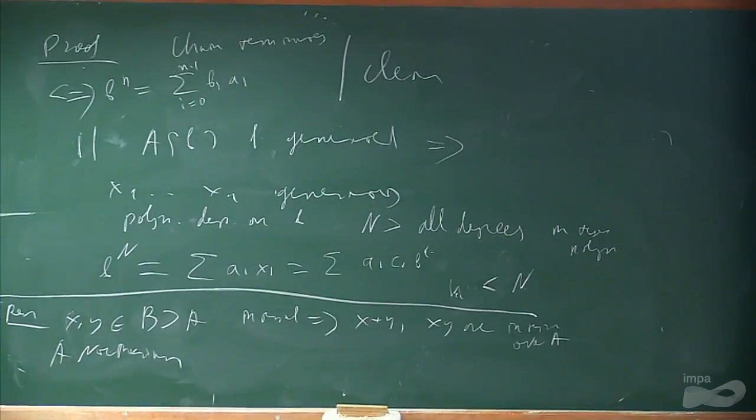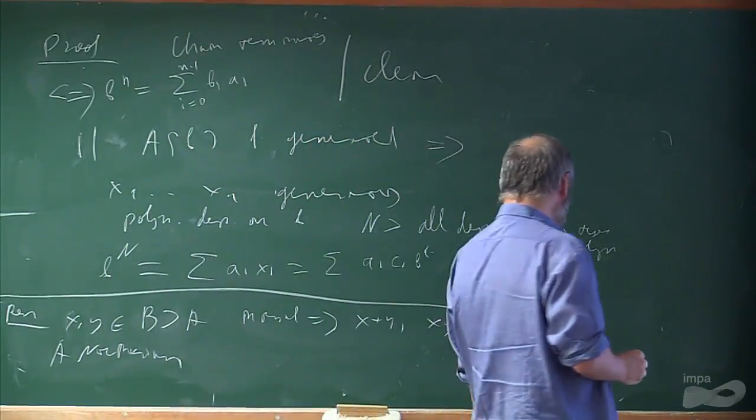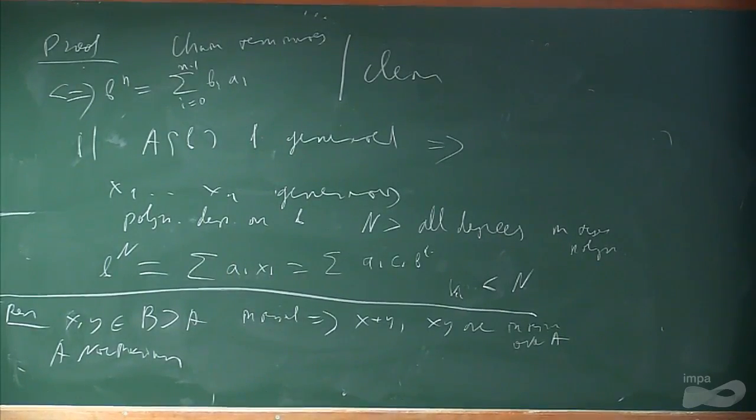I'm not sure you really need Noetherian for that, but how do you prove that? The proof is precisely the same as we proved that the sum of algebraic is algebraic.